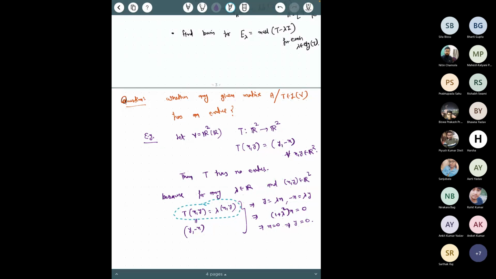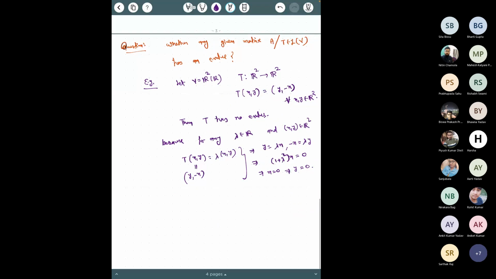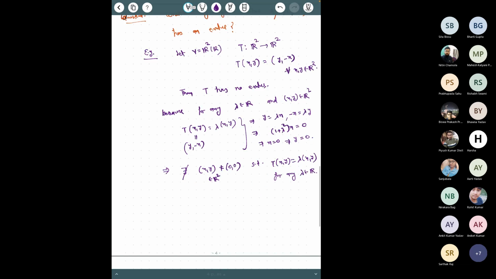And therefore there does not exist a nonzero vector (x, y) in R2 such that T(x, y) is equal to lambda times (x, y) for any lambda in R, and therefore this linear operator doesn't have an eigenvalue. Equivalently, you can say the same for matrices also.